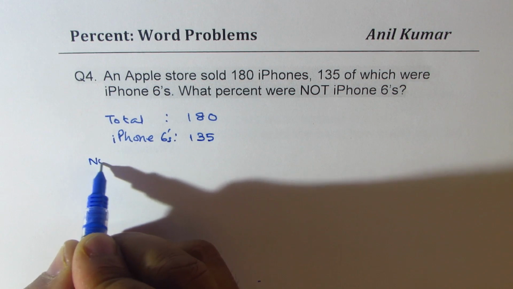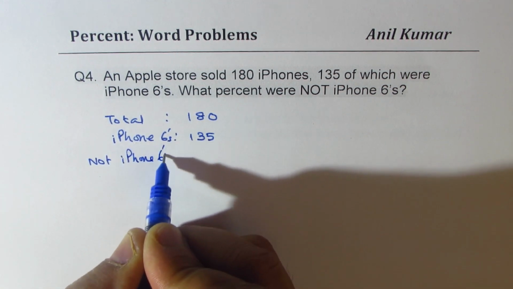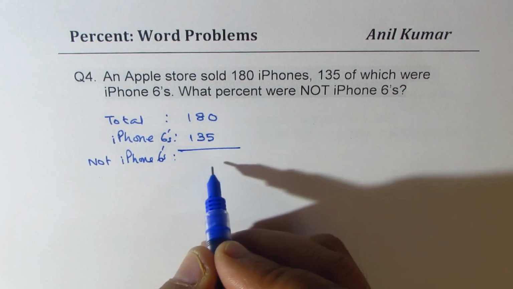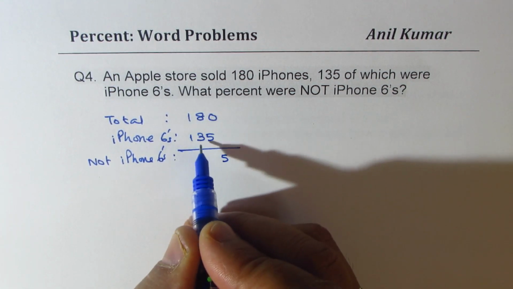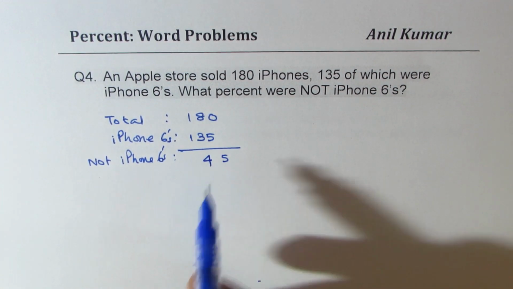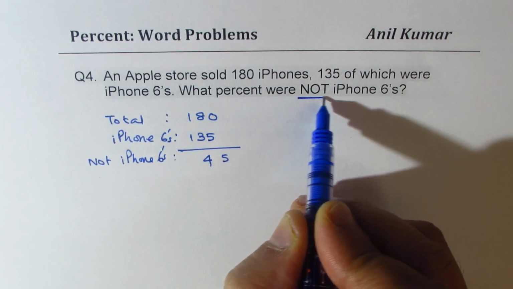So we say not iPhone 6. So we have to take away, correct? So once you take away, you get 5, 7 from there, take away 3 means 45. So 45 are not.